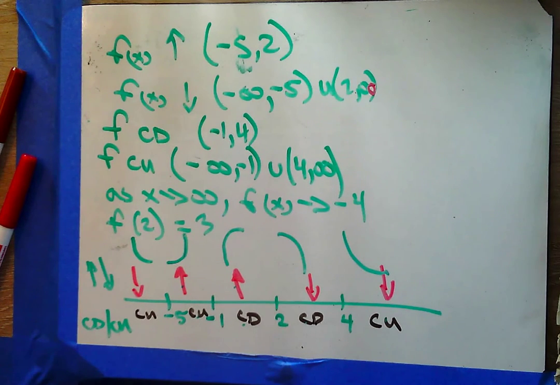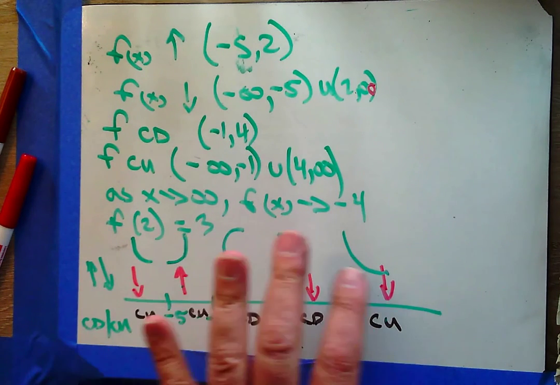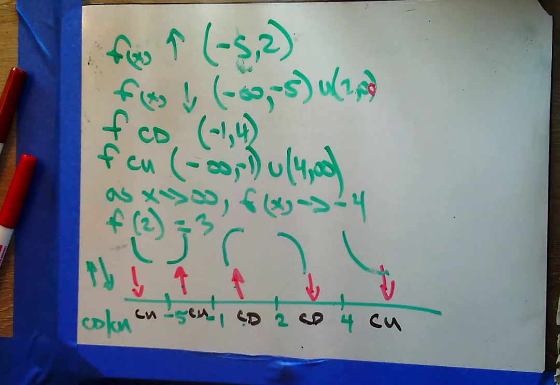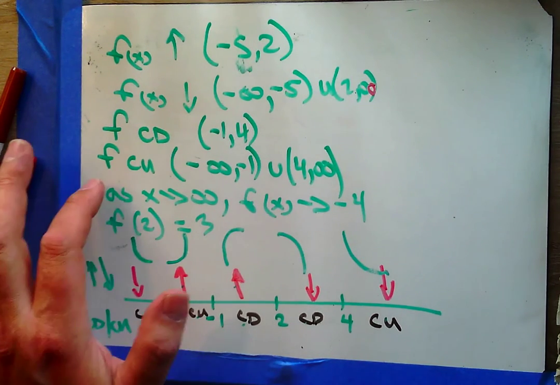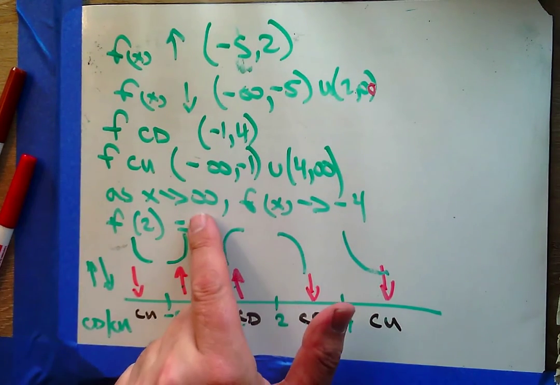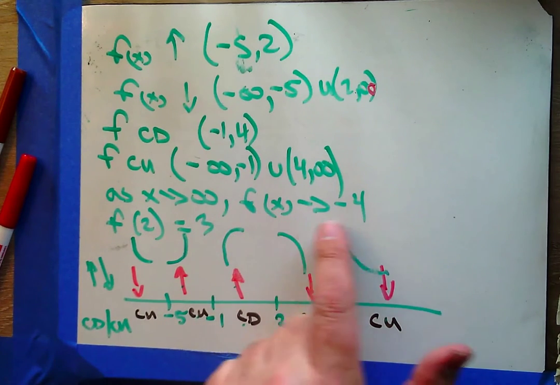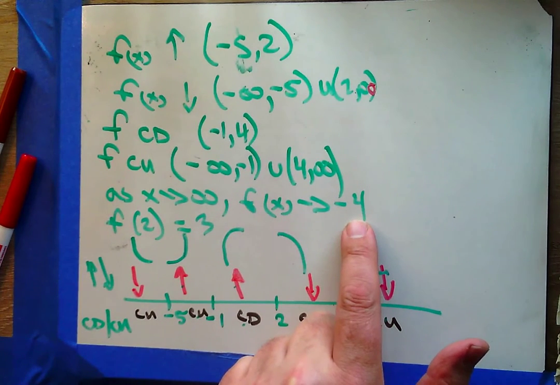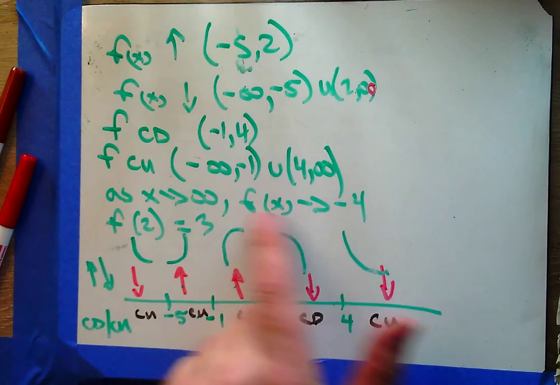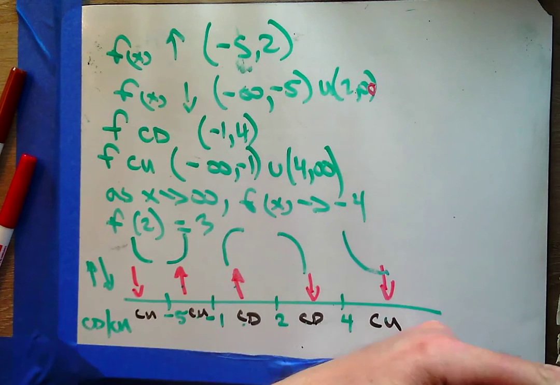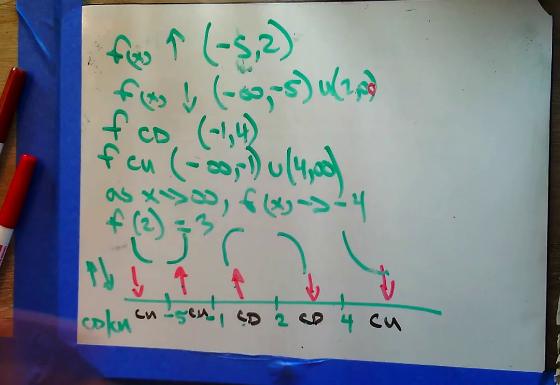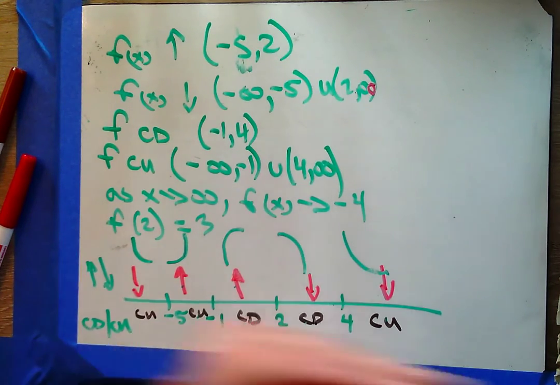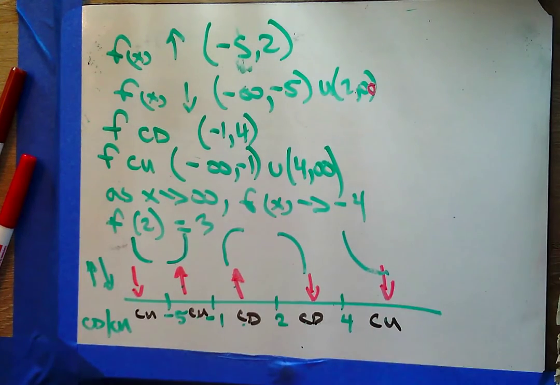So essentially what I'm trying to do is stitch together all these pieces in a graph, all right? I notice here at the bottom, I'm also told that as x heads to infinity, the function approaches negative 4. And so this is a horizontal asymptote as we head this way. I don't see anything over here telling me what to do, but as I head in this direction, I should be approaching this y value.